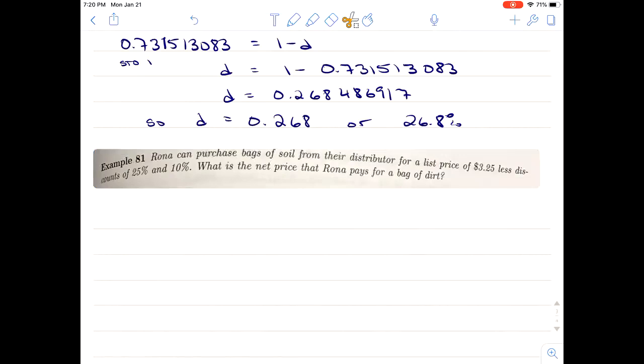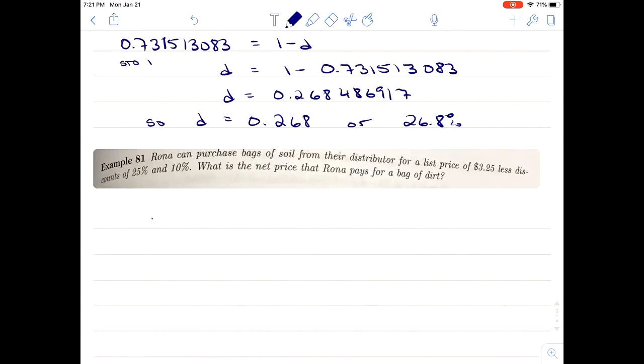Rona can purchase bags of soil from their distributor for a list price of $3.25, less discounts of 25% and 10%. What we'll see is that 25% and then 10% is not the same as 35%. First the trade discount of 25% and then 10% off that. So it's different.